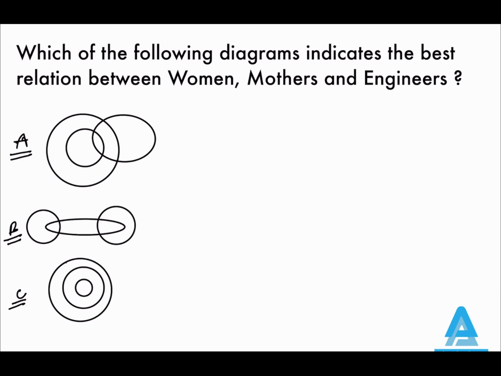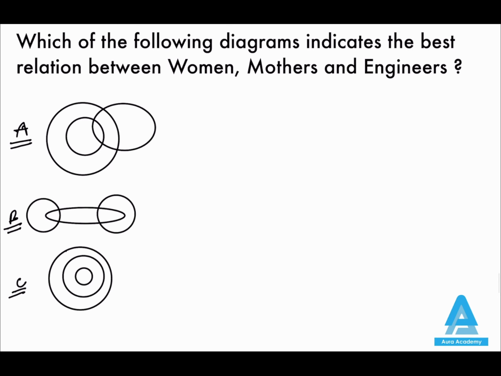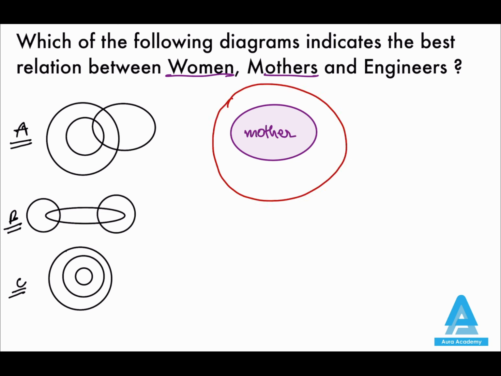Best way to practice whatever you have learned is to solve questions. Okay, for that, which of the following diagrams indicate the best relation between women, mother, and engineers? So what we are going to say is that all mothers, okay, are women, correct?